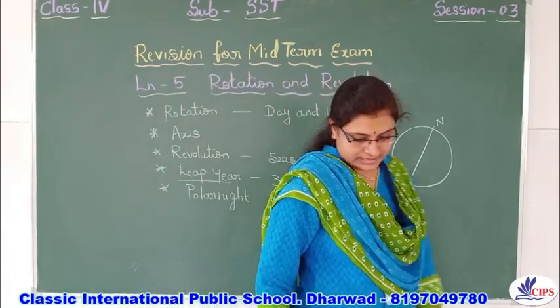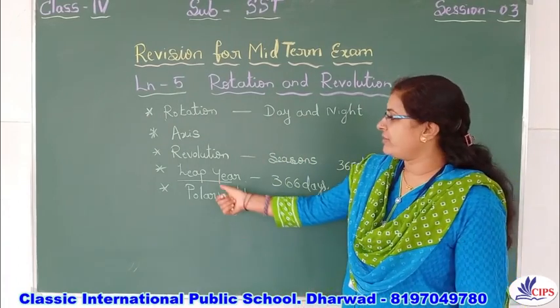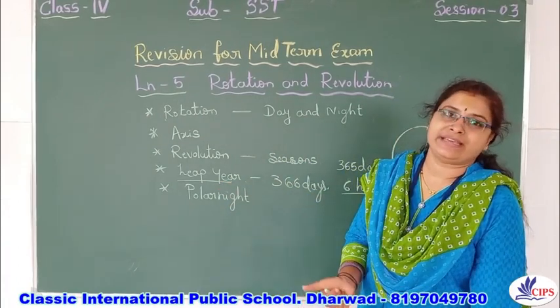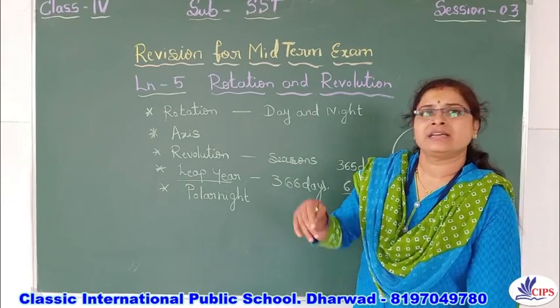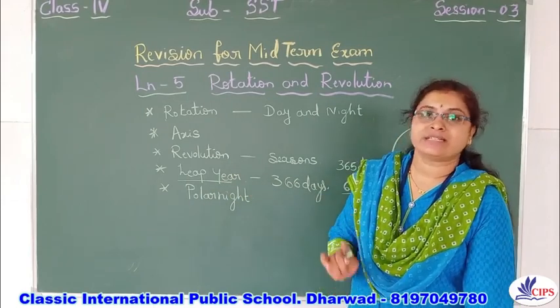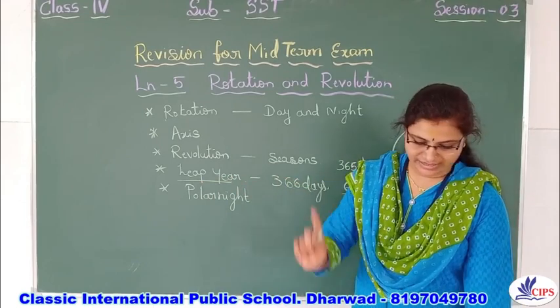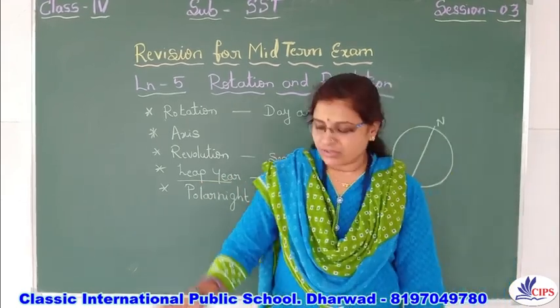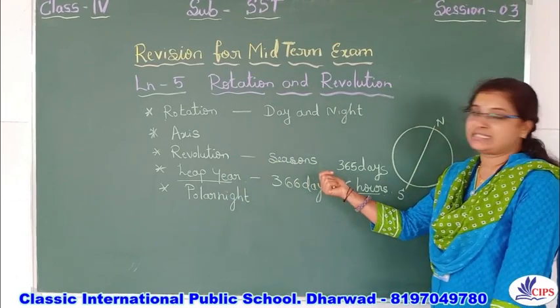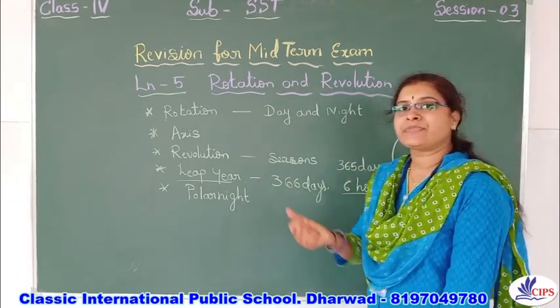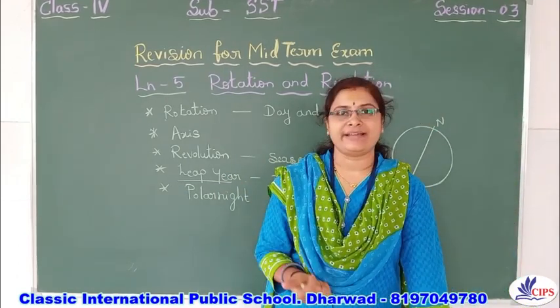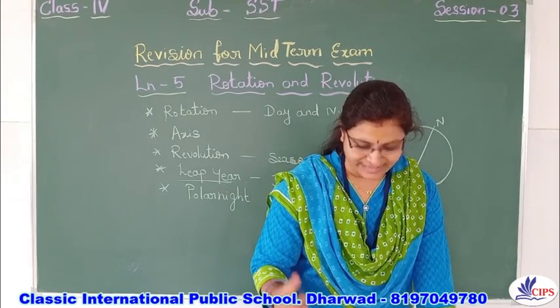In the leap year, the month of February has 29 days. In other years, as usual, February has 28 days. So the revolution causes the seasons. Which are those? Summer, winter, autumn and spring.